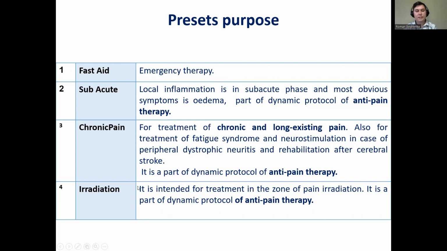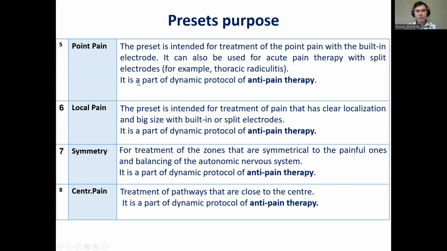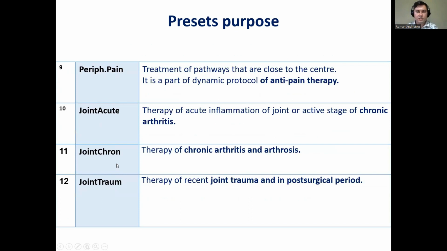Chronic pain, irradiation, point pain, local pain, symmetry, central pain. Here we are listing all of them at once. Don't worry, we will stop particularly on each one of those. Peripheral pain, joint acute, joint chronic, joint trauma. You see that some of them are self-explanatory and they are already put in some certain group.